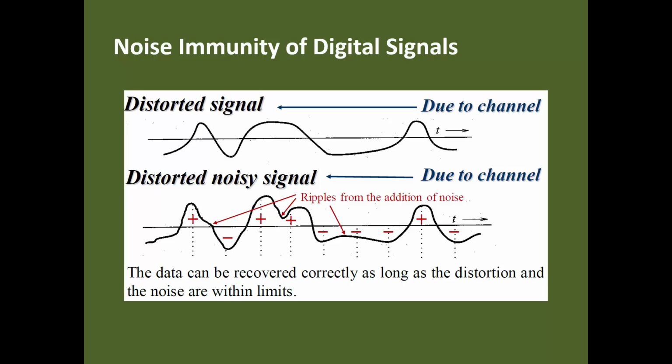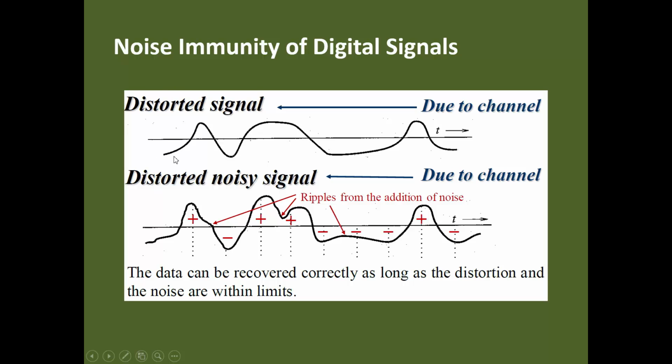So let us look at the reasons for using a digital communication system, and let us look at noise immunity. Now, this is the distorted signal which is received at the receiver. This distortion has occurred due to the channel, right? If you look a little closely, you will see that there are ripples present in the waveform. We are making a distinction between distortion and noise.